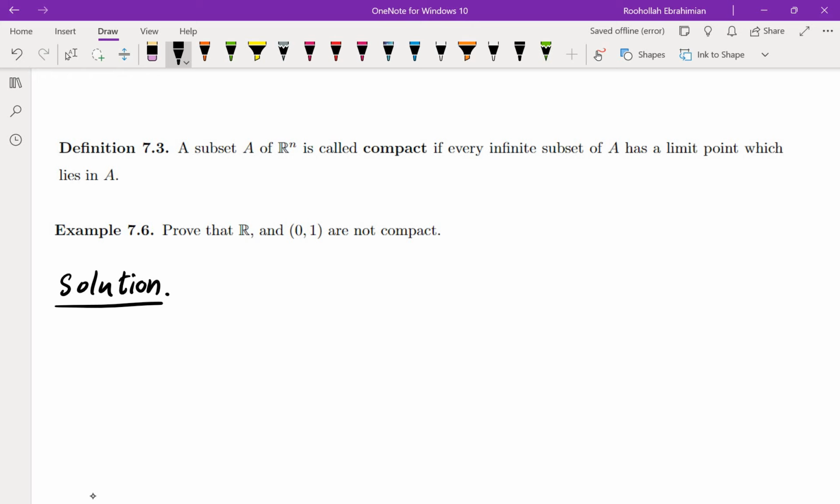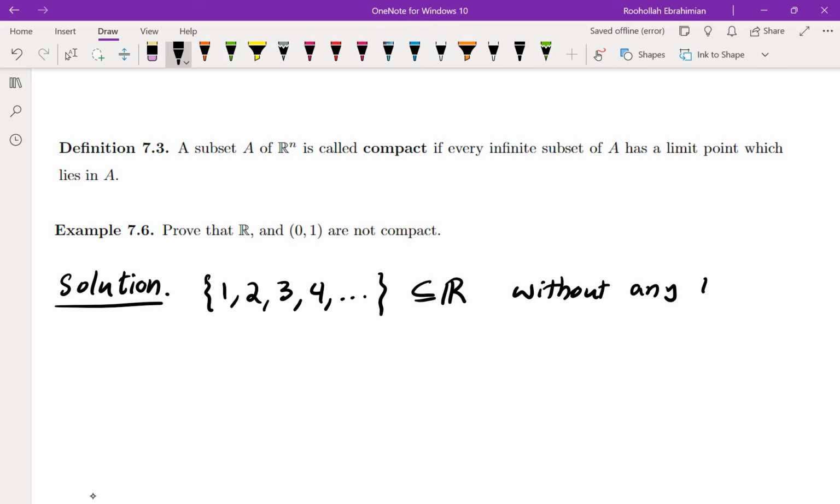Okay, so if you look at R, you can find a sequence inside R that doesn't have a limit point. So the sequence would be 1, 2, 3, 4, etc. So this is an infinite subset of R without any limit points.